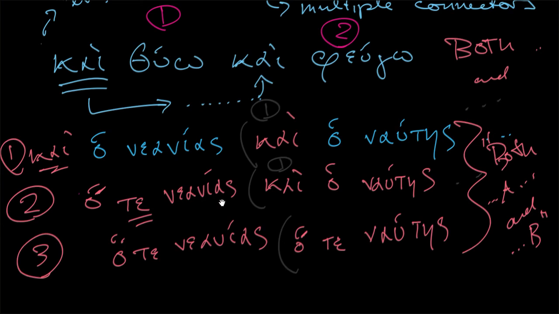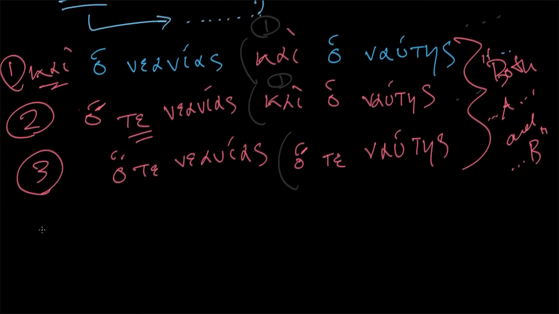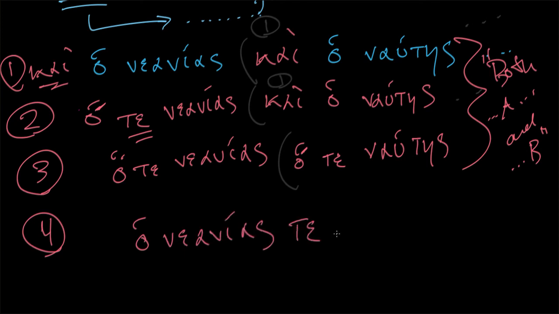Good. That's great. Let's do number 4. What have we done? We've had kai, kai, ha, kai, te, kai, te, te. Well, now we can do another kind of version of te, kai, but here we're going to delay that te to right here. Te, kai, nautes.